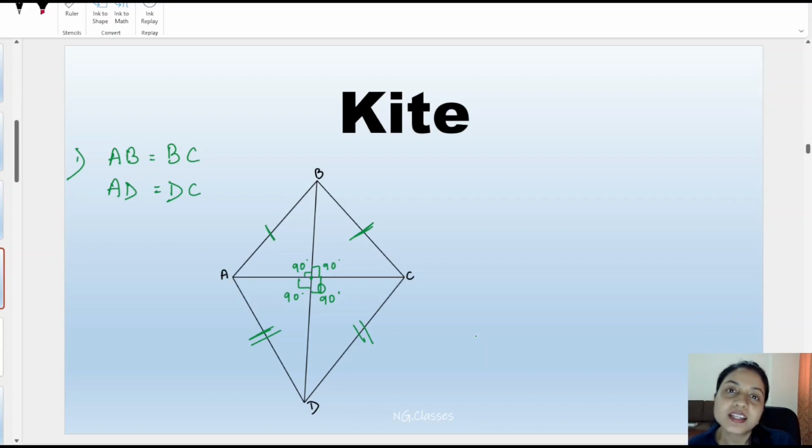Apart from that, in a kite, angle between different length side, that means here AB and AD are of different length. So angle between that is angle A, will be equals to angle C. Please note, angle C is also between two different length sides. That means side BC is not equals to side CD. So that angle and angle A will be equals to each other.